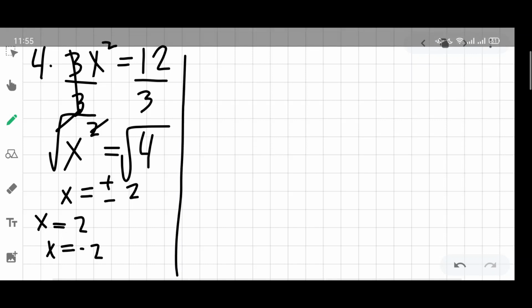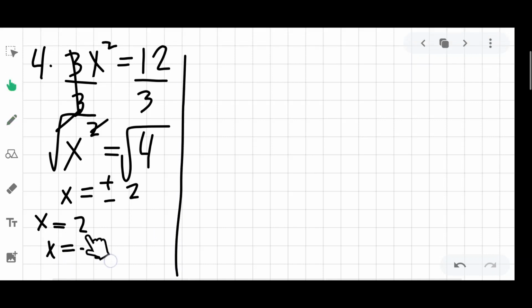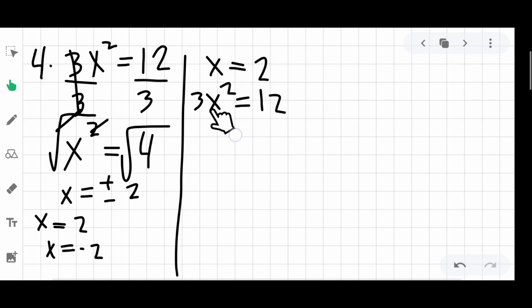So, to check our answer, which is x equals 2, kokopihin lang natin yung original equation a while ago, which is 3x squared equals 12. So, substitute x is equals to 2 dito. So, 3 times 2 squared equals 12.